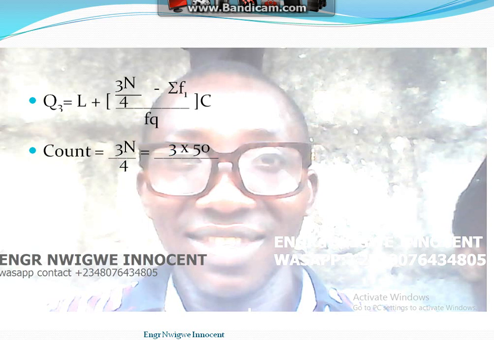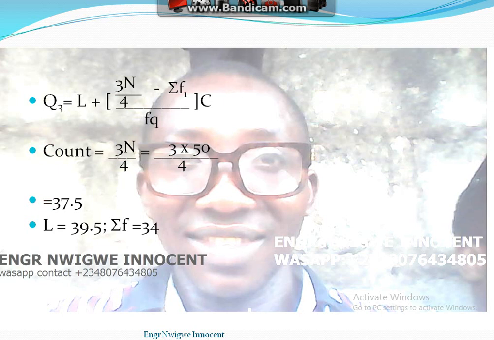3 times 50 all over 4, which will give us 37.5. The lower class boundary is equal to 39.5. The sum of frequency before the median frequency F is equal to 34.